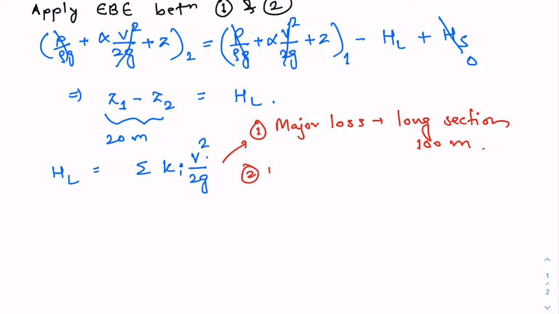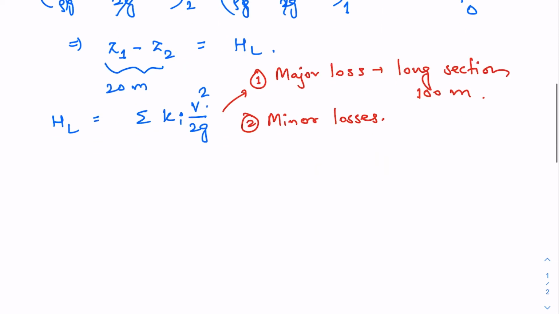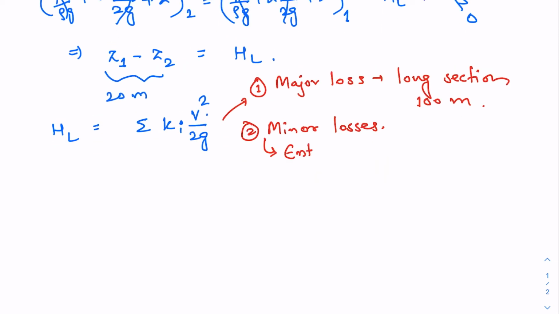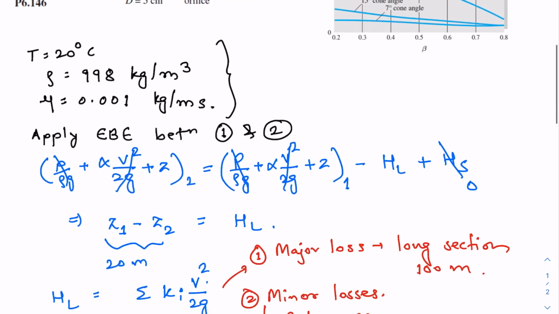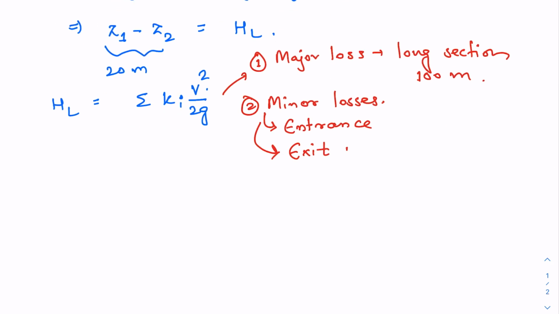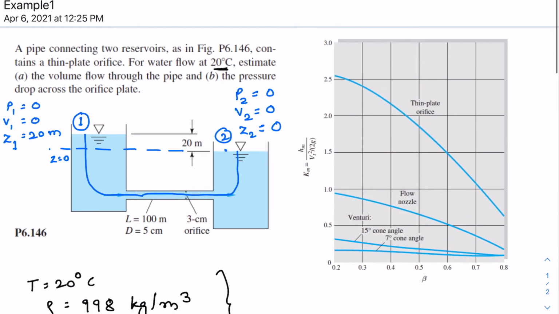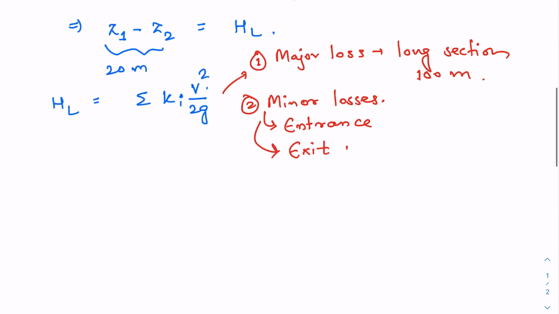Then we have minor losses, which are due to the entrance and the exit. And we also have a non-recoverable pressure loss due to the presence of this orifice. It is another type of minor loss, but because we are also asked for the pressure drop across the orifice, I will write it as a separate loss. So third is the orifice loss.